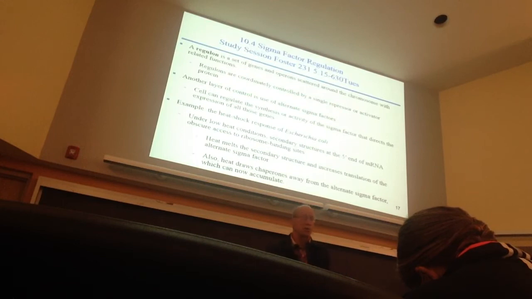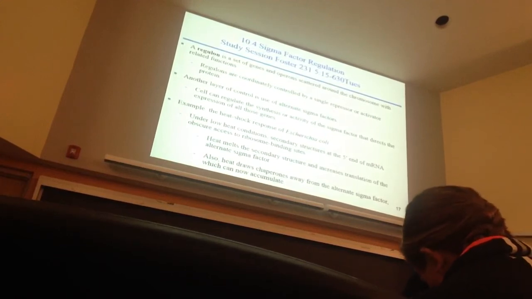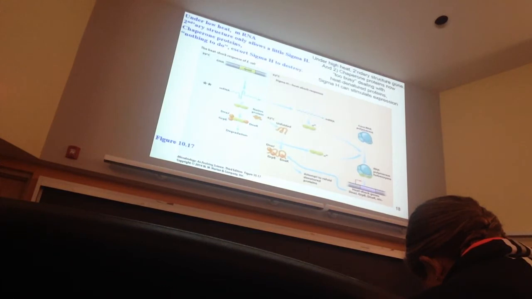These heat shock proteins were first identified when bacteria and our cells were exposed to heat, we produce these heat shock proteins. But a lot of stress produces these heat shock proteins. And a lot of them are involved with chaperone repair of proteins. So we've talked about both of those in the days past.